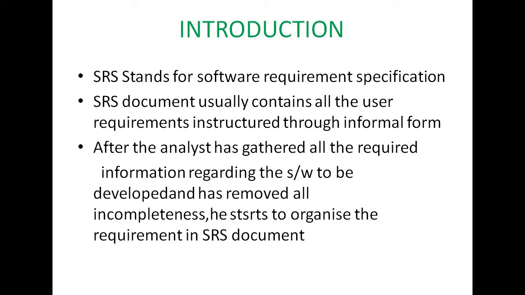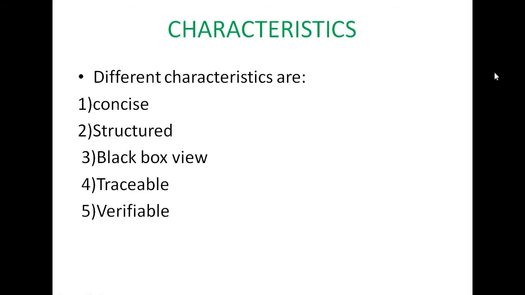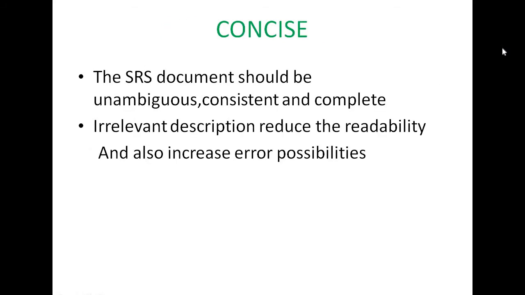Next we will discuss the different characteristics of the SRS document. The different characteristics of the SRS document are concise, structured, black box view, traceable, and verifiable. We will discuss one by one. First, the first characteristic of the SRS document is concise.